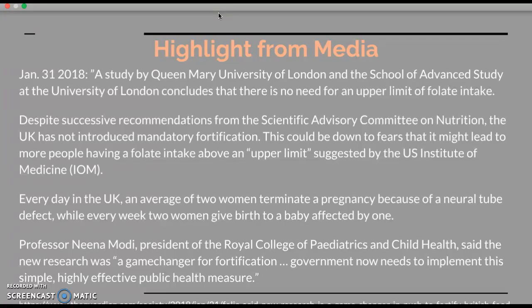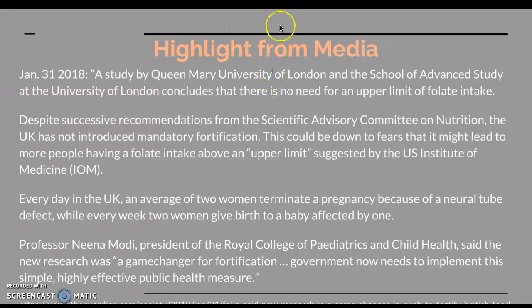This whole study shows that there shouldn't be a fear of having too much folate in your system, because really an upper limit is not necessary because there aren't any side effects, they say. So therefore, they suggest that the UK should go ahead and start fortifying foods with folate.